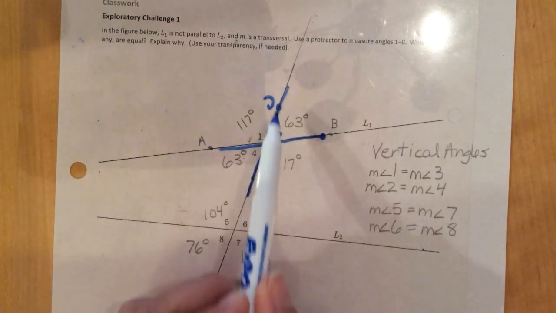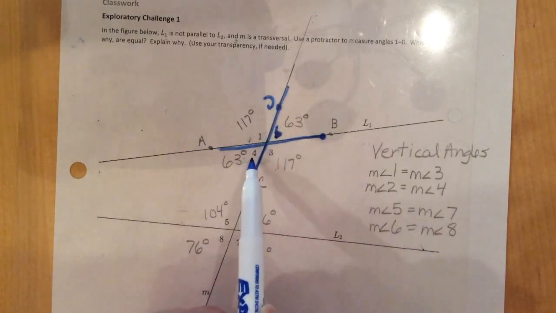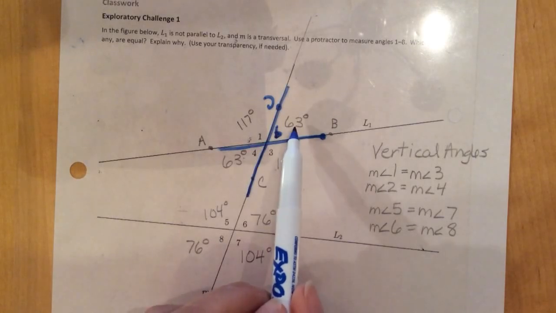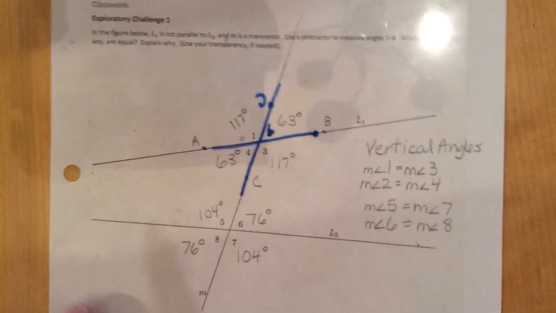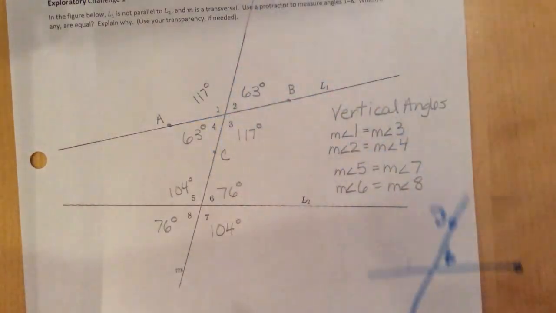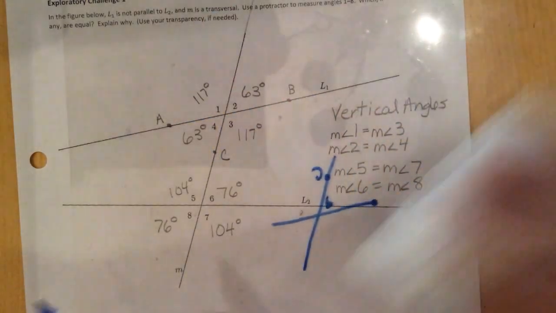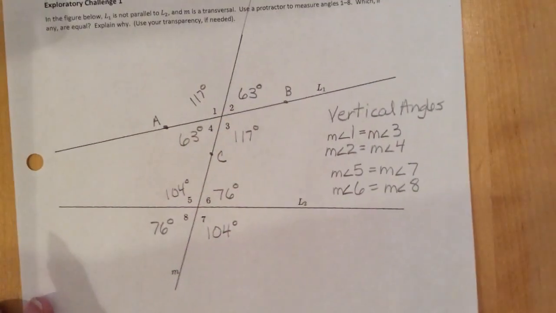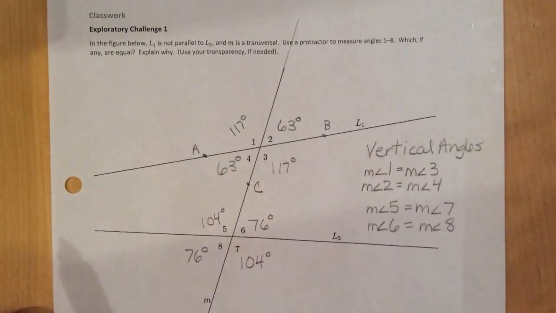So you can see that angle 4 maps with a 180 degree rotation to angle 6. And we could do that for any of these vertical angles. So what we did is we found a basic rigid motion that mapped one onto the other, and we could prove that they are congruent that way.